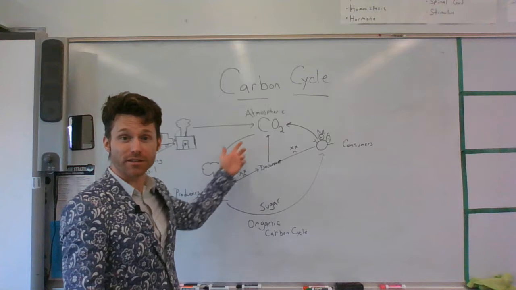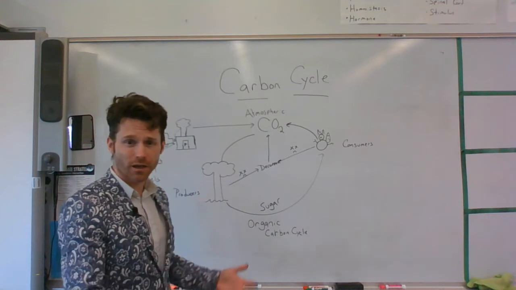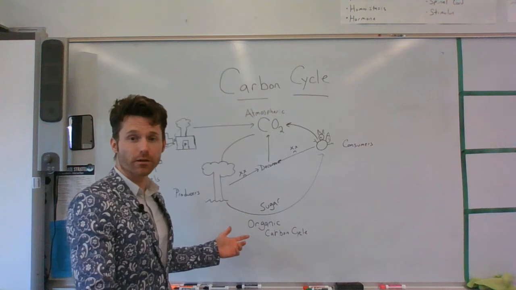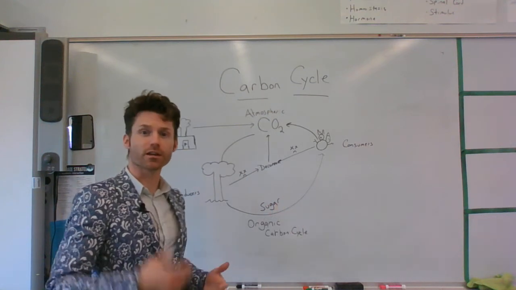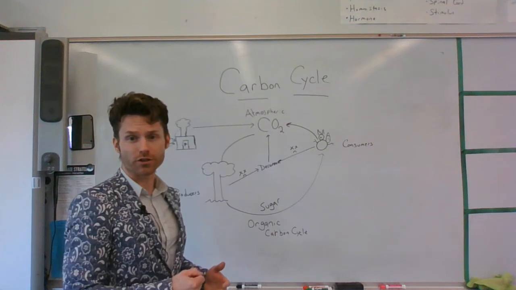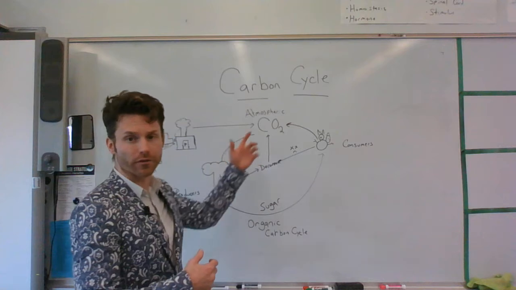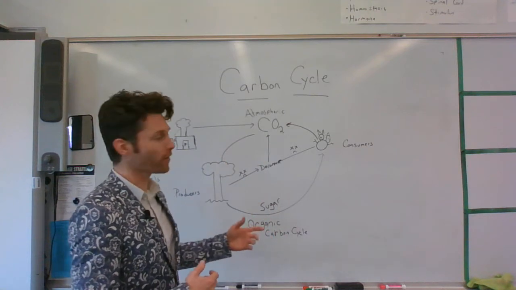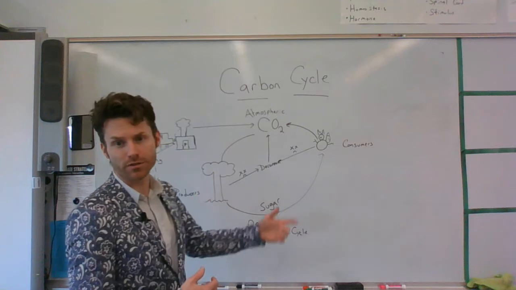That carbon dioxide is taken in by the plants as part of photosynthesis to make the sugar again. And so between the producers doing photosynthesis and the consumers doing cellular respiration, we have this cycling of the carbon. It goes back and forth. Okay? It goes from the plants to the consumers to the plants, to the plants to the consumers to the plants.